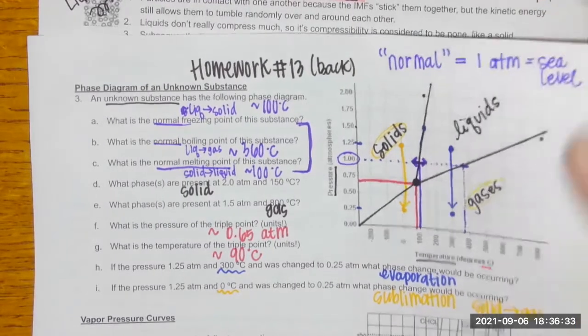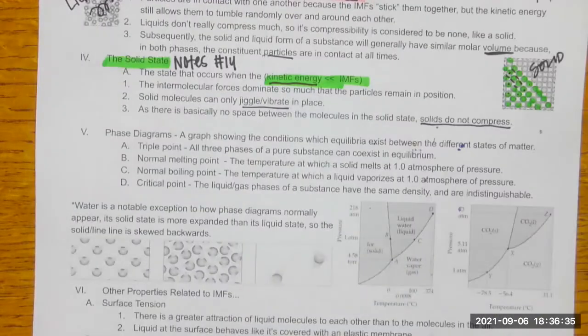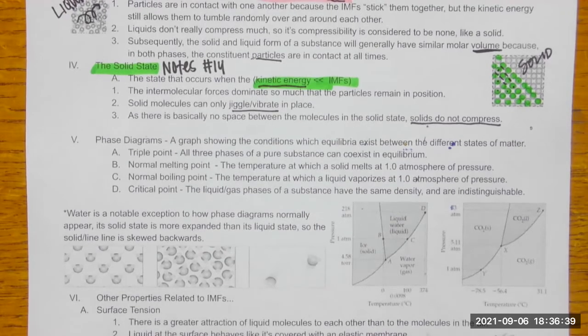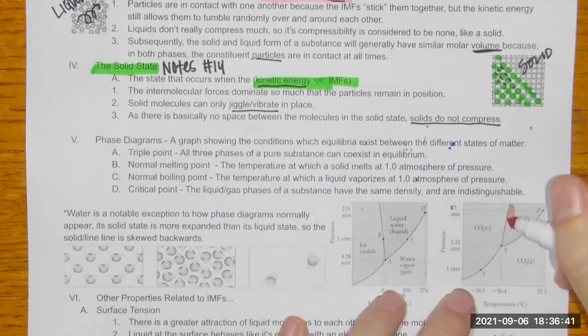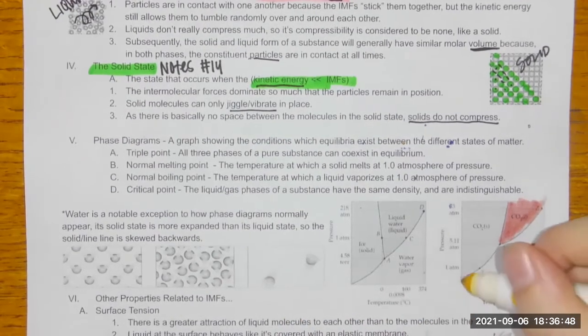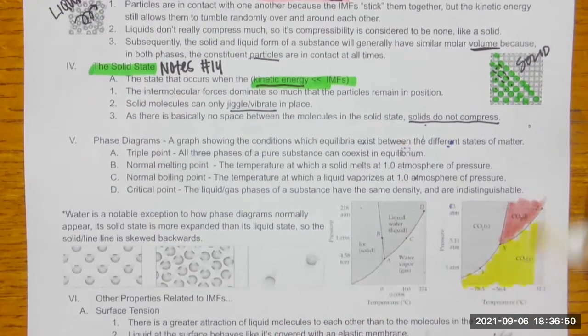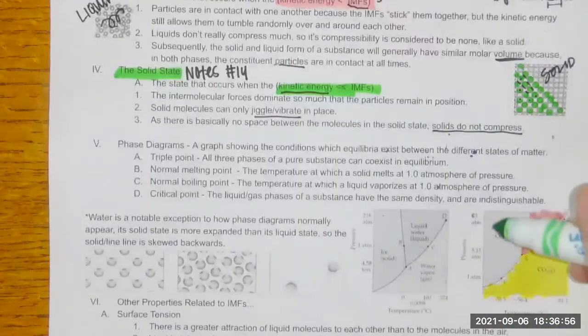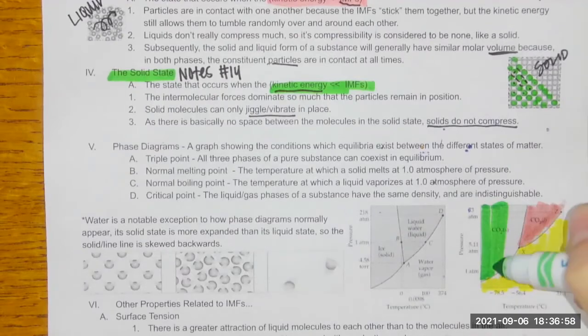But this is what a phase diagram is. And for most substances, it looks like this. We've got the liquid in this region, we've got the gas state here, and I've used the same colors up here, not that it matters, and this solid state here.